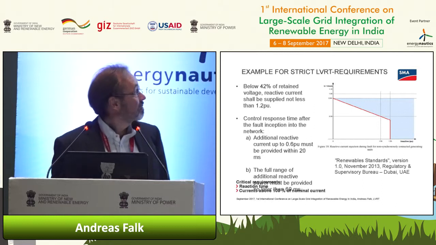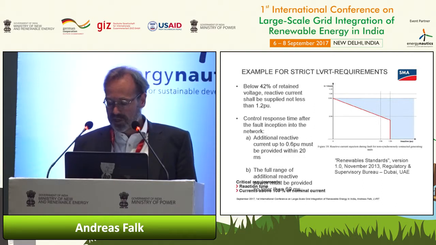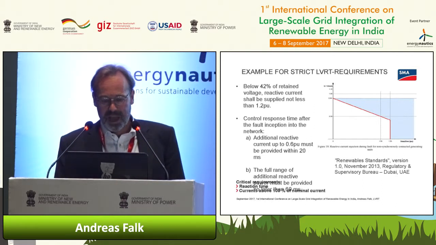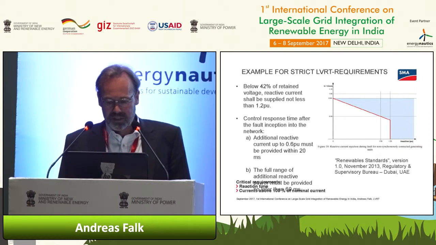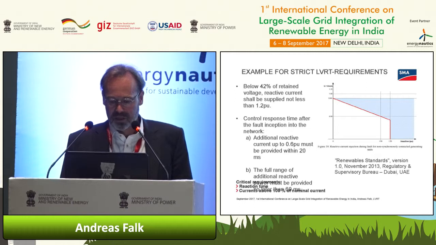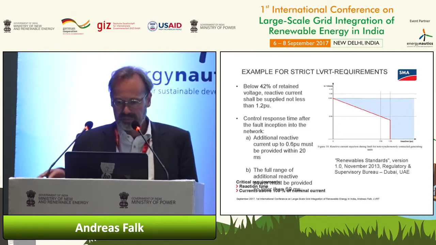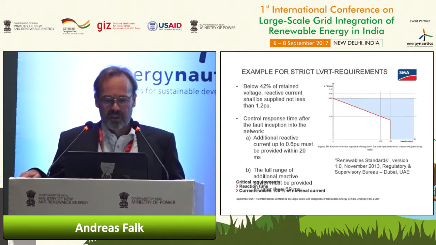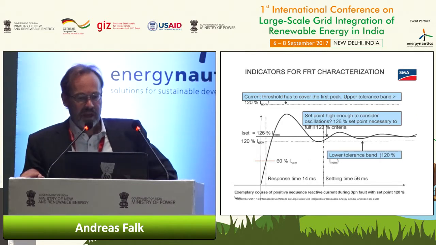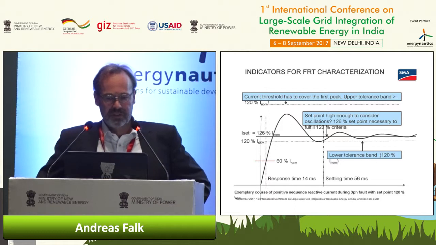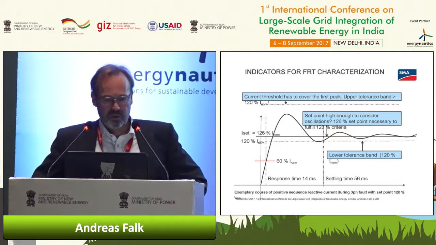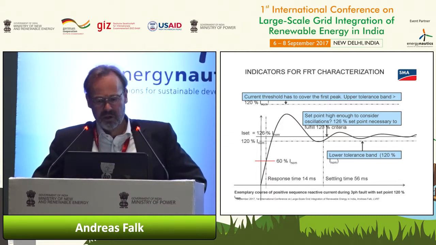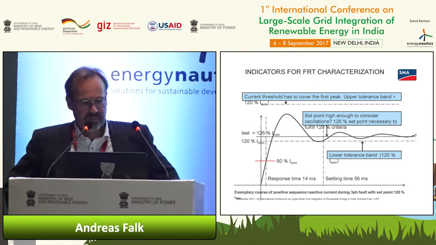So critical factors are the amplitude, the 120%, and the dynamic requirements. Here you see a typical curve of FRT current during a voltage dip.